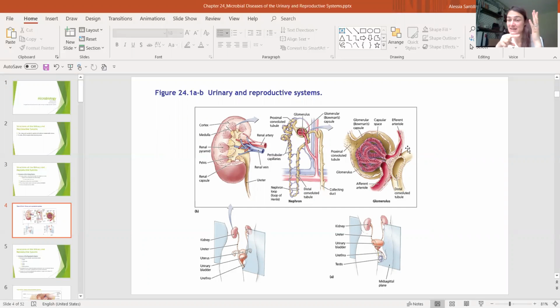The blood trickles through this area and gets filtered, so all of the waste from the blood gets filtered out in these renal pyramids because of these nephrons. Very, very important. We're not going to go into the whole details of the loop and everything. There's no need.